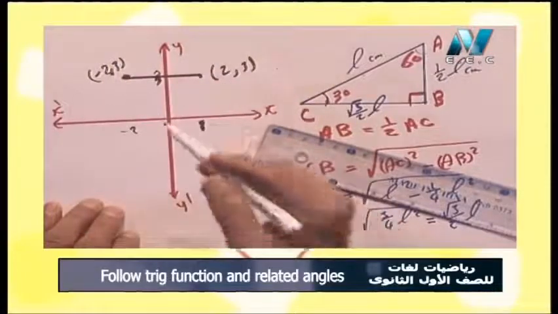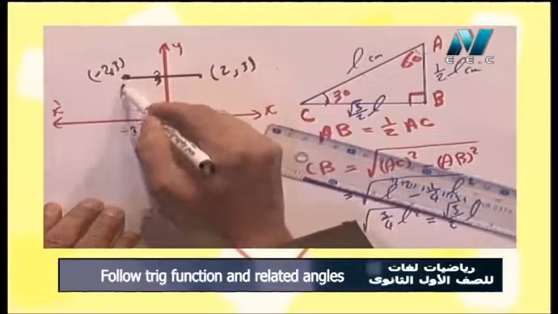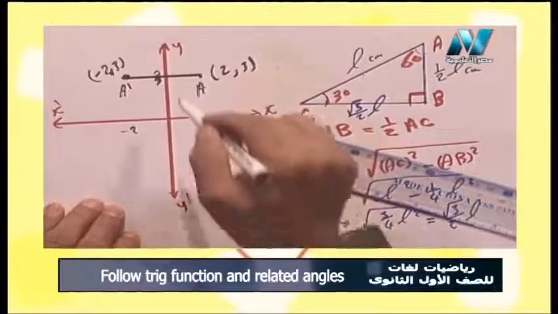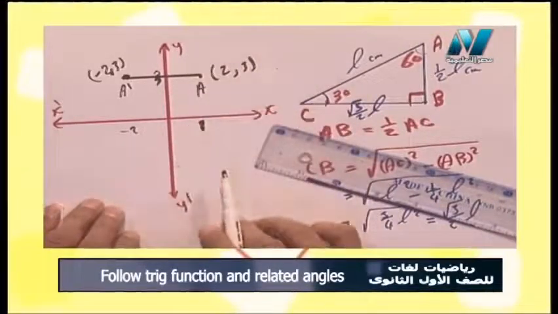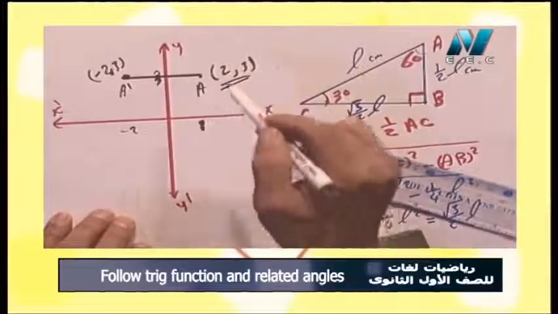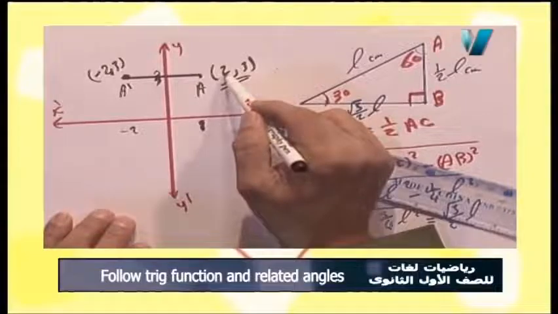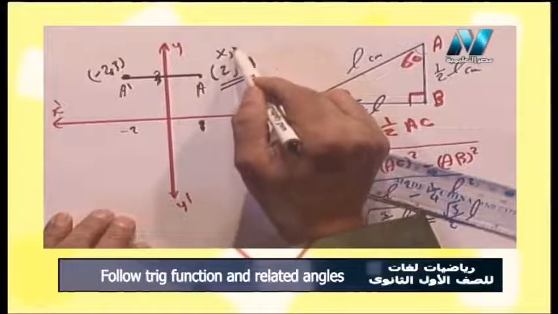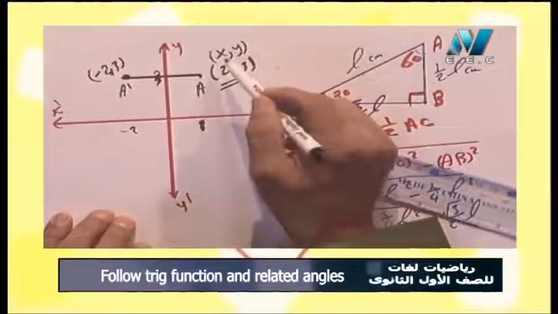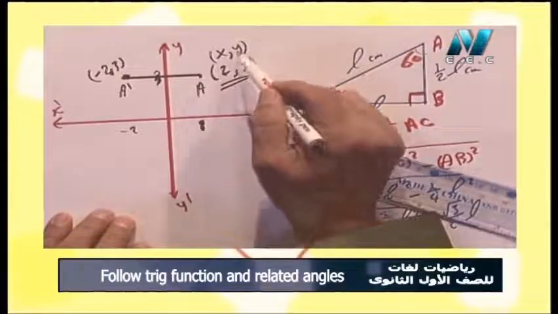So the point A dash here is the image of A by reflection in the y-axis. Concentrate and notice that for any point, an ordered pair, we have x here 2 and y here 3.